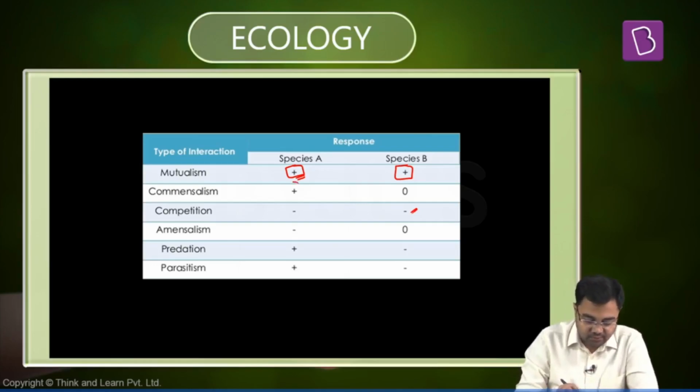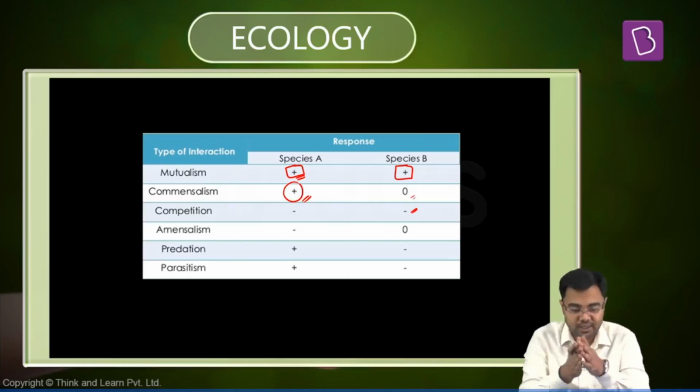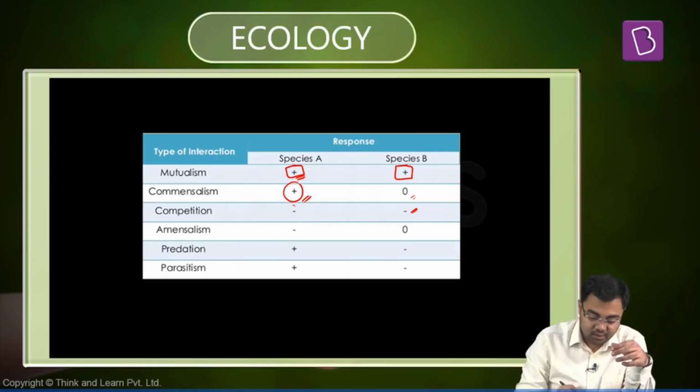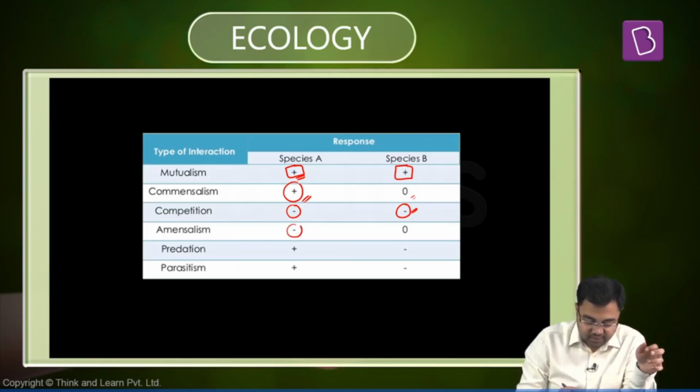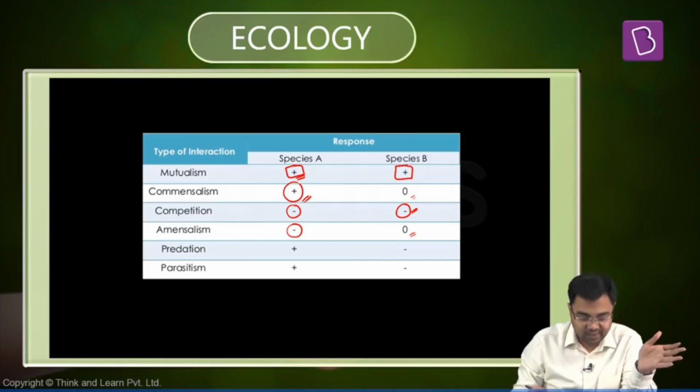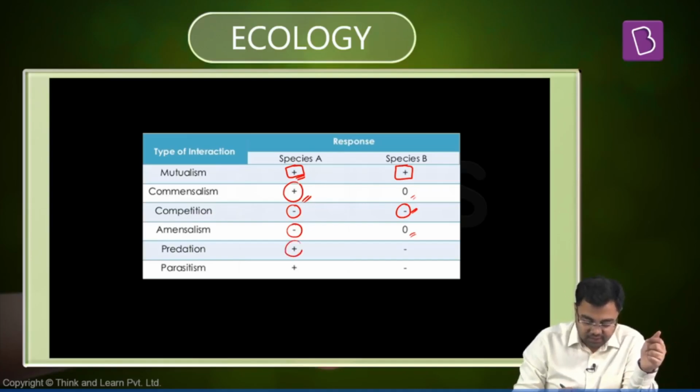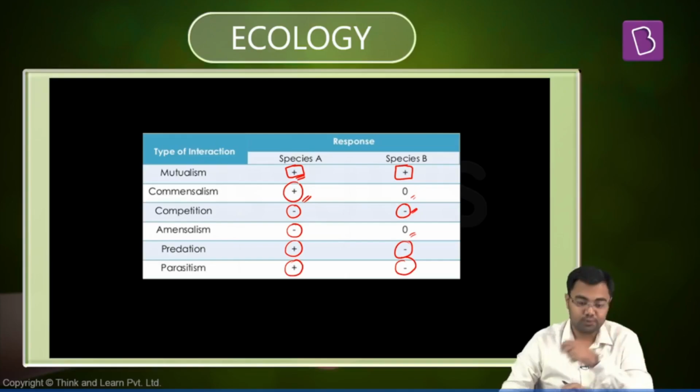In commensalism, one species is gaining, the second species does not have any effect. In competition, both will lose. So it is minus minus. Then in amensalism, one will lose, the second will have no effect. In predation, one will gain, second will lose. And finally in parasitism, one will gain and the other will lose.